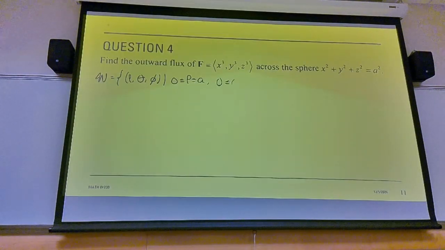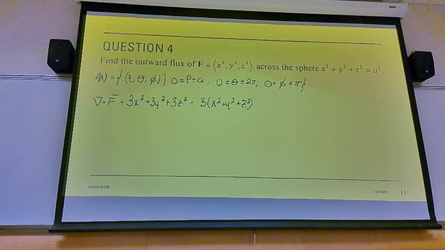What's the divergence? X squared plus 3y squared plus 3z squared, which is 3 rho squared.